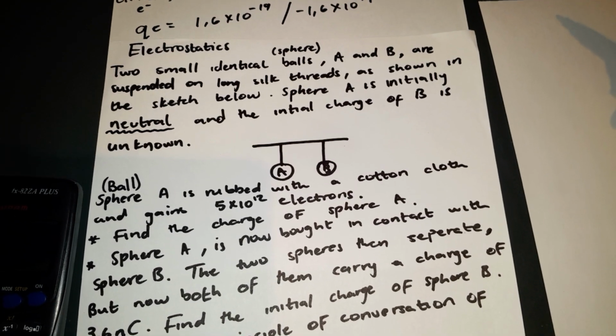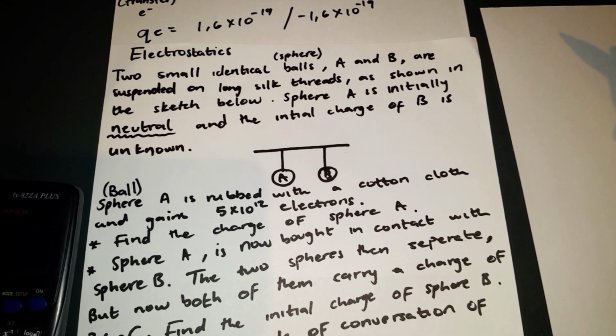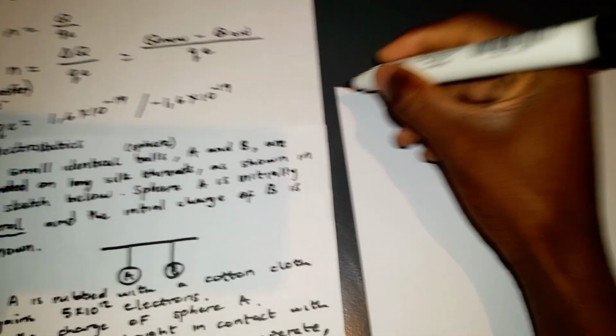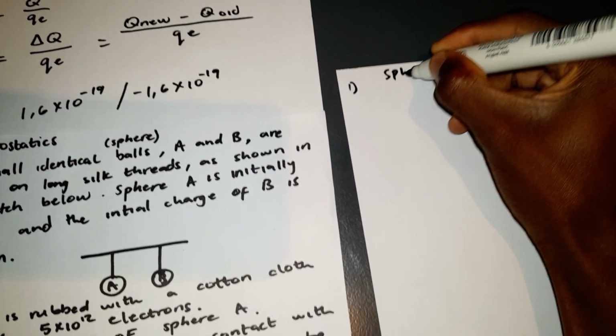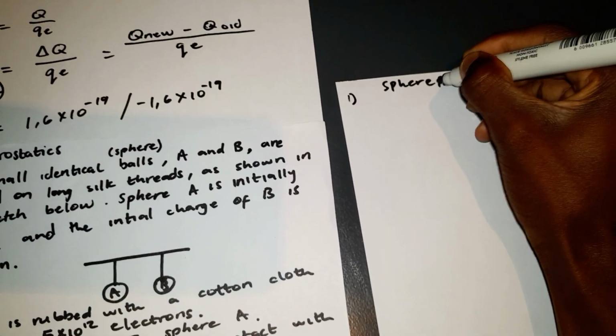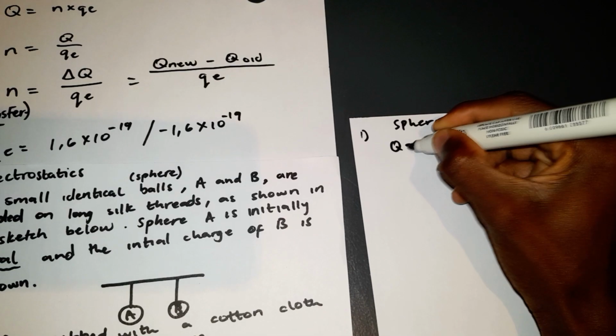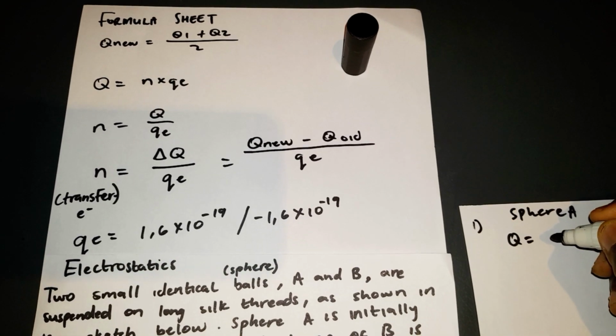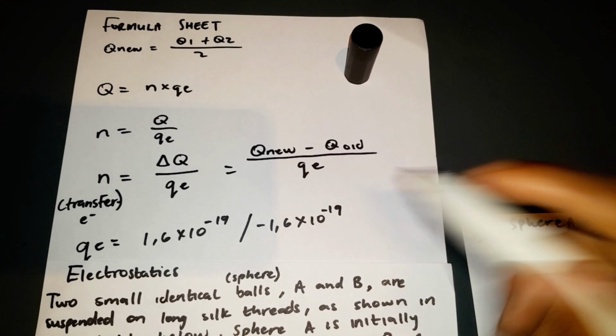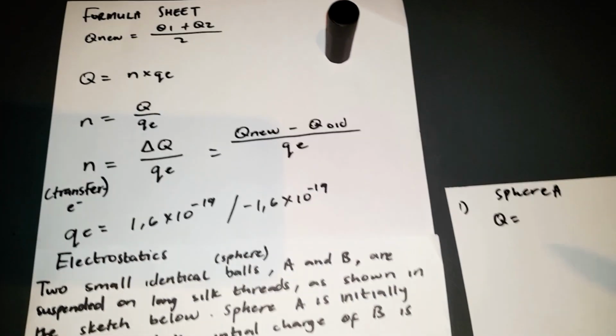It says, find the charge on sphere A. So now, for sphere A, since we have the number of electrons, we're going to use this formula here.